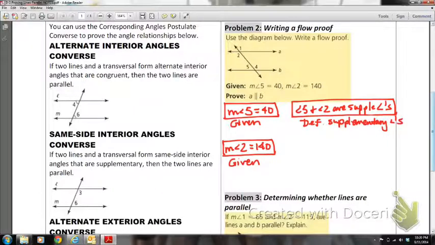And that statement came from these first 2 given statements that led us to make it. So we're going to draw arrows to show the flow of those first 2 statements into that statement. The other thing that we can see from the diagram is that angle 5 and angle 2 are same side interior angles.